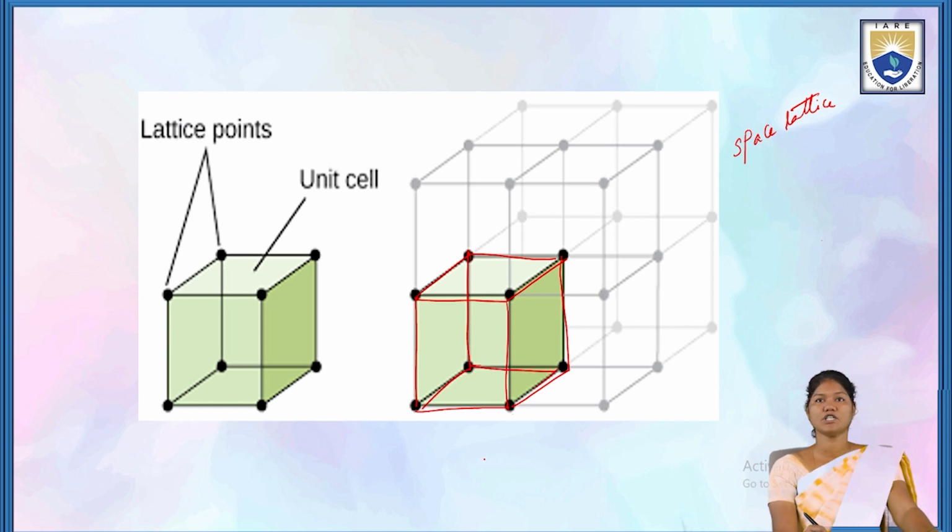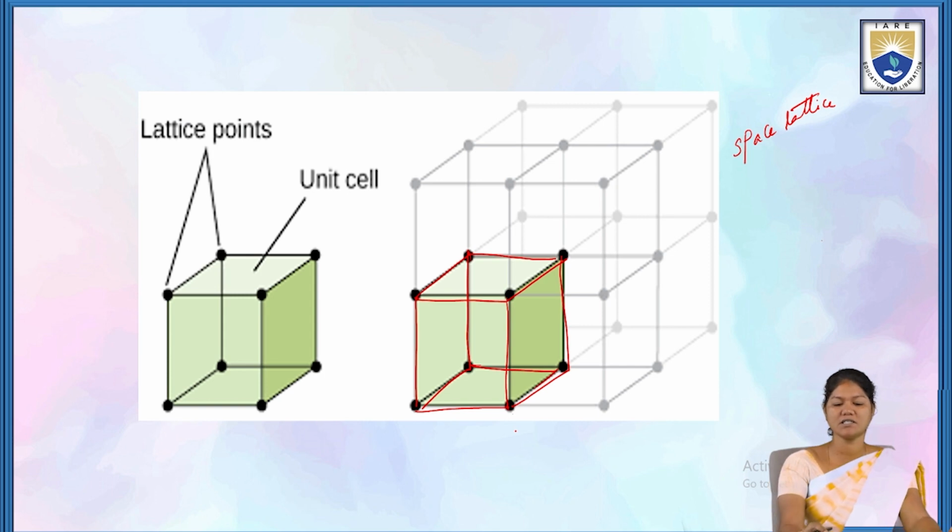This is the smallest part in this complete solid. This part can be written separately, and this part alone is called the unit cell. By repeating this unit cell, we can build up the entire crystal so that the crystal structure forms.